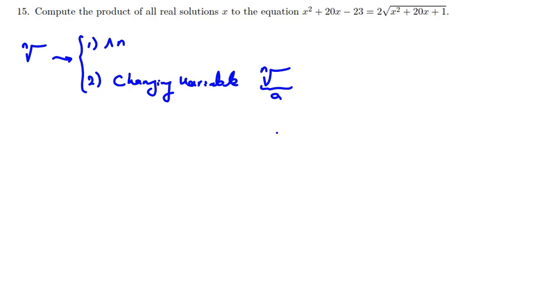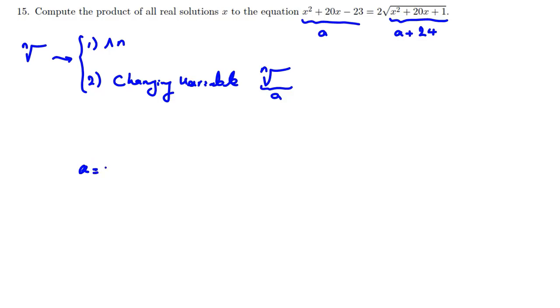Okay, here let's try. Sometimes we can use both of them. This part and this part are so much related to each other. For example, this part is A, and this part is A plus 24.